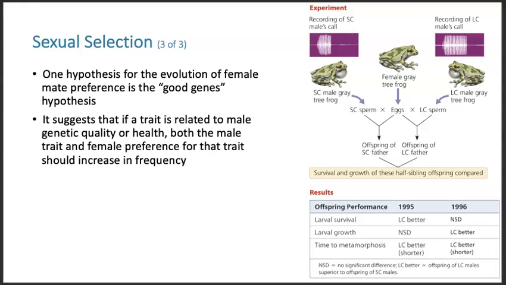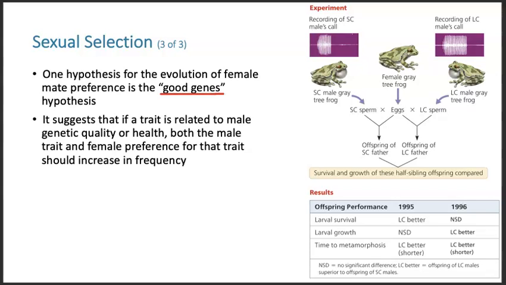There is a hypothesis about why females choose males in this way, and the hypothesis is called the good genes hypothesis. Now, there's actually a lot of evidence for the good genes hypothesis, but remember, a hypothesis is a possible explanation, and there's multiple possible explanations behind sexual selection.